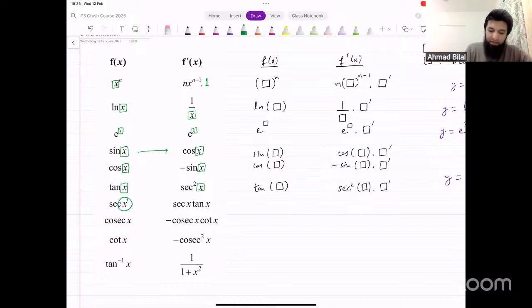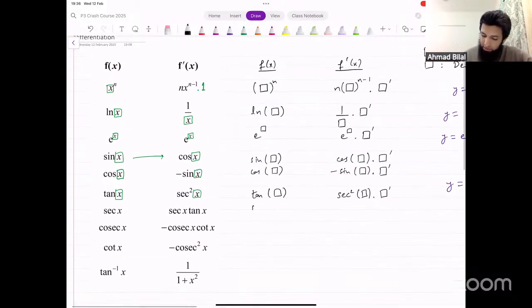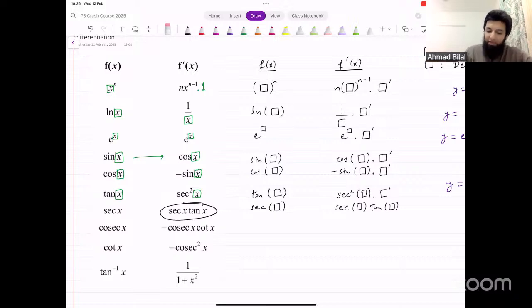Derivative of secant x is secant x tan x. Again, if x is replaced with anything else here, it becomes secant of anything; the derivative of that is secant of that thing into tan of that thing. But then you also have to multiply by the derivative of whatever is inside the bracket there.